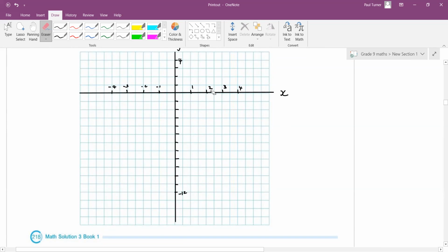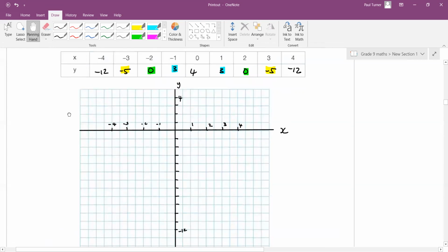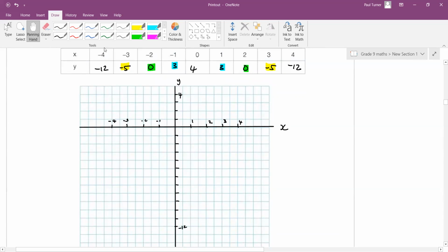You can spread the scale out in the x-axis, and in the y-axis, if you have big numbers, then you can make them smaller. The scale doesn't have to be the same when we're just doing a graph like this. So we've got 4 minus 12. Let's start here.